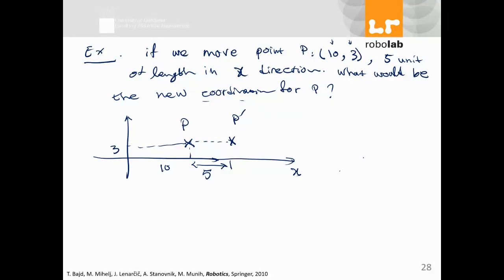So it was at 10 and 3. Now I'm moving that point 5 steps in the positive X direction. I had to say that. You could ask me, why did you go right? Why didn't you go left? In the X direction, yes, it's 10, and you are going further 5 steps, so it will be 15 and 3.